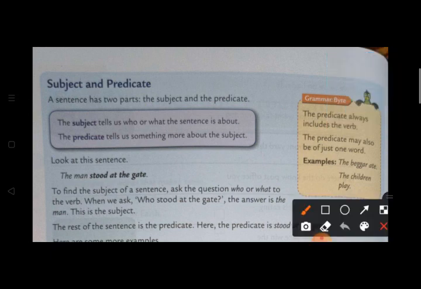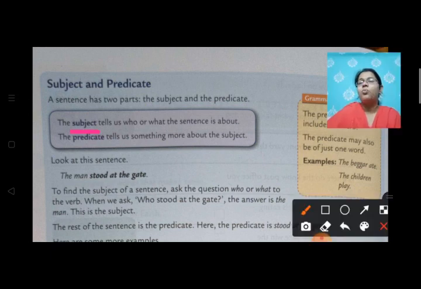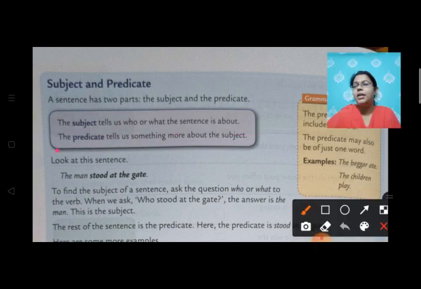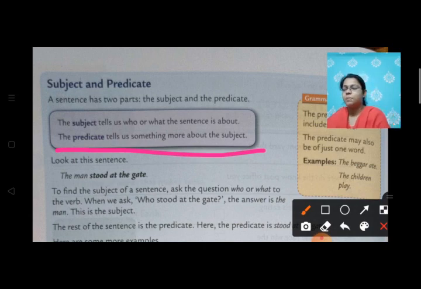The subject of a sentence is the one which is being talked about, the one the sentence is telling about. Okay, that is the subject. And what is the predicate? The predicate tells us something more about the subject. That means the portion of the sentence other than the subject, which is telling about the subject, that portion is called the predicate.